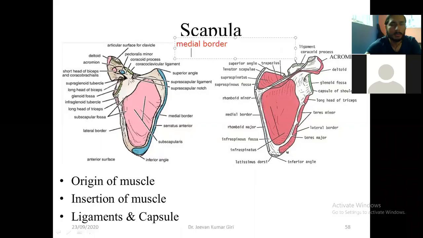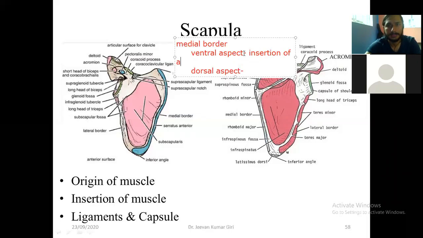In the ventral aspect you will see only one muscle. Along the medial border on the ventral aspect, there is the insertion of one muscle, the serratus anterior.